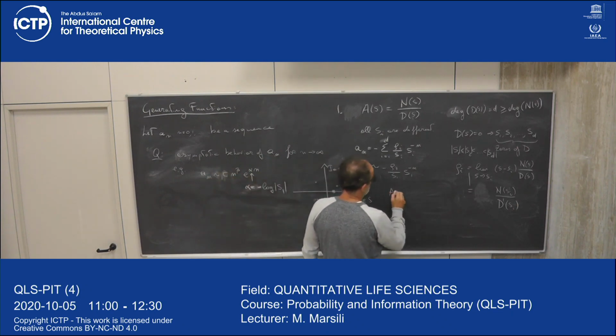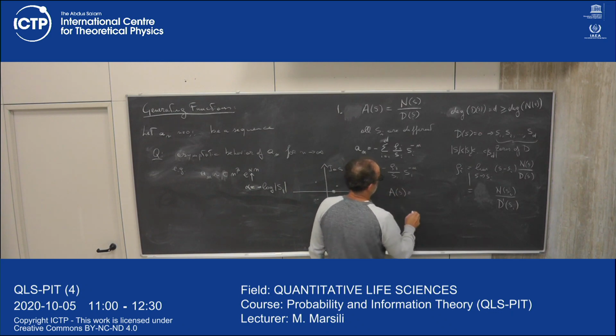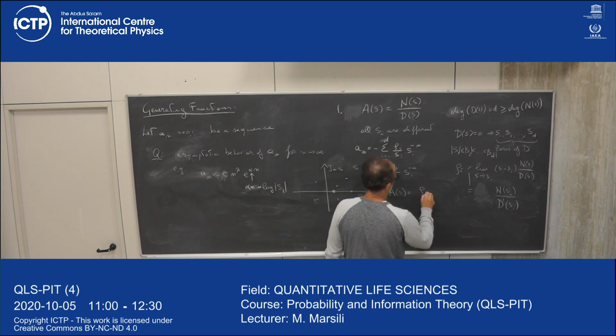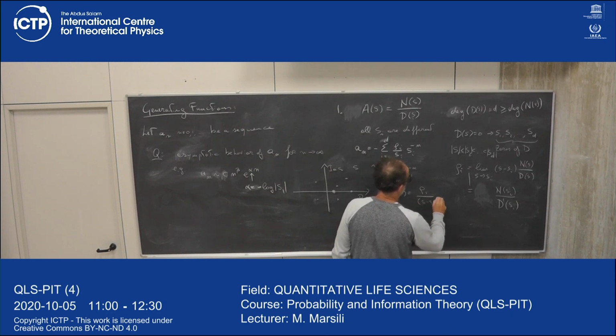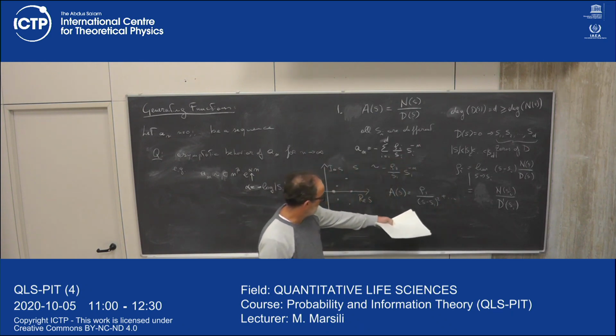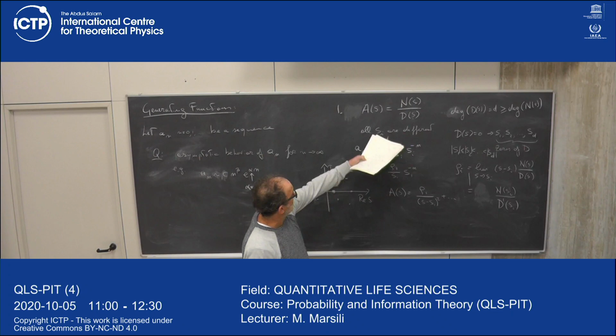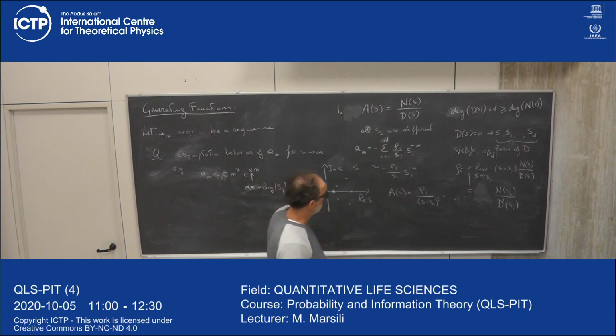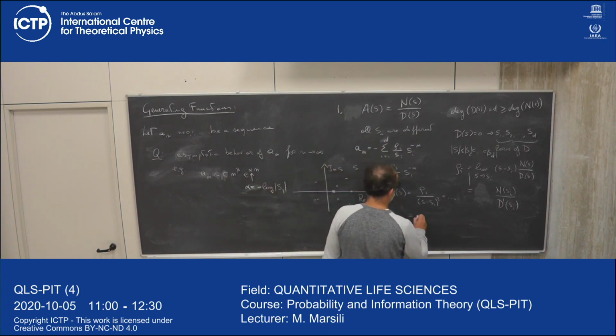So our function is equal to, say, rho 1 divided by S minus S1 squared plus something else. So this is clearly easily reduced to this one, because this is just minus the derivative with respect to S of rho 1 divided by S minus S1.